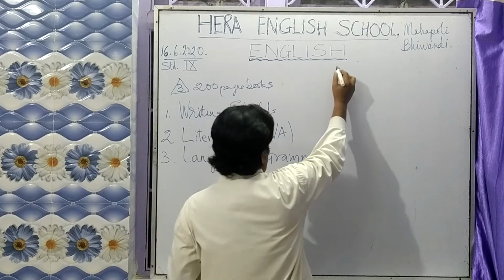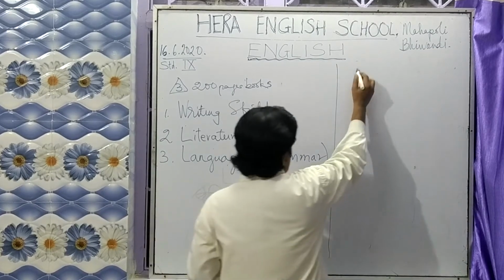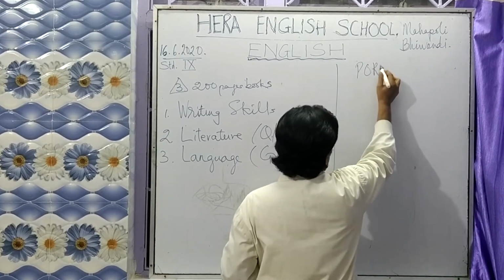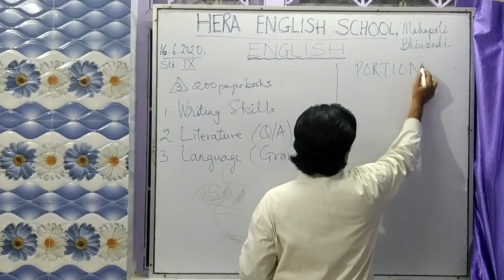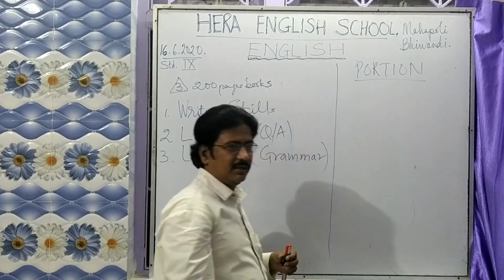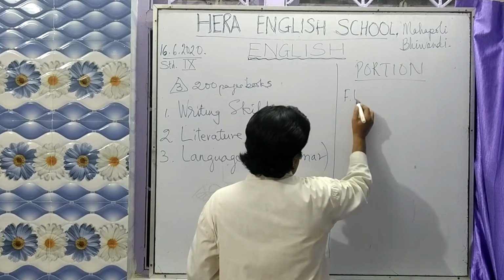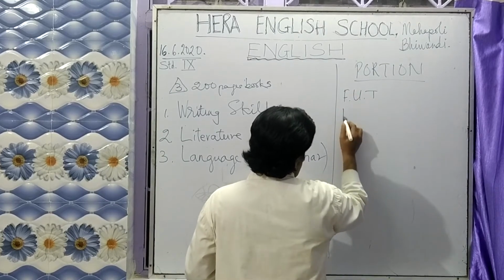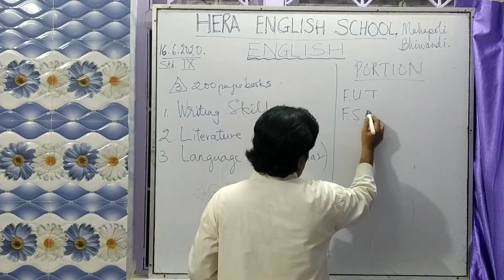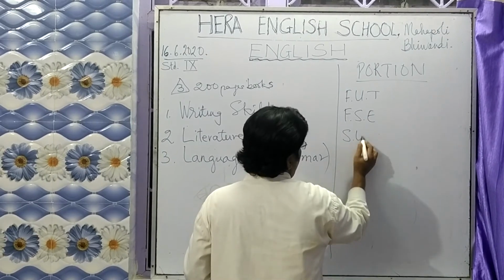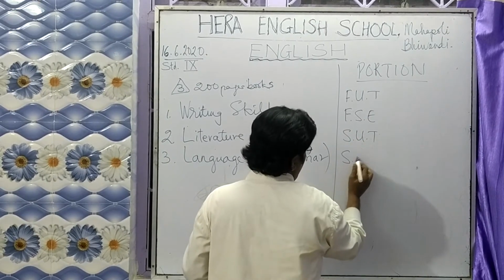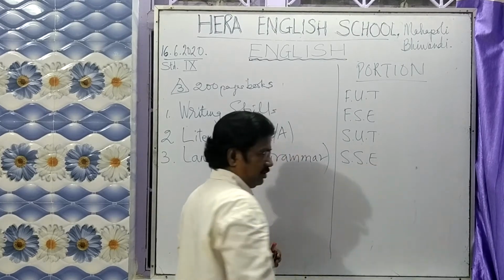Now from your portion point of view, remember to take screenshots as and when required so that you know what it is and what is not. The portion for the first unit test, first semester examination, second unit test, second semester examination.